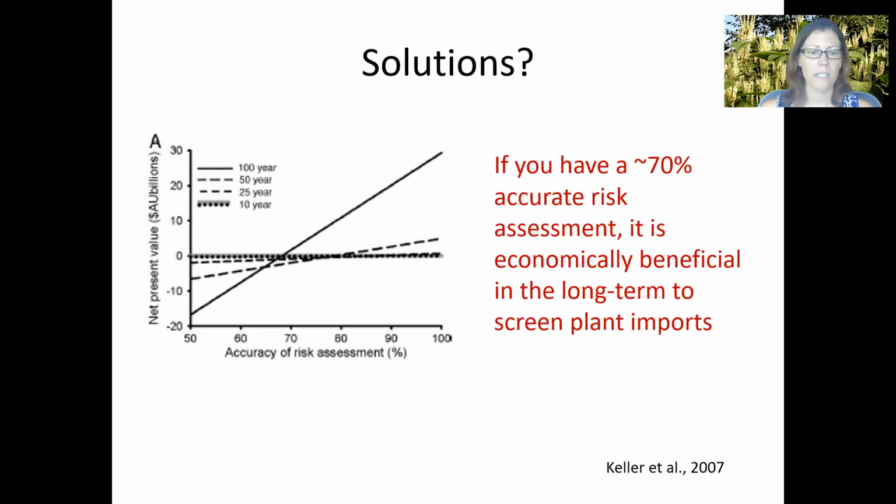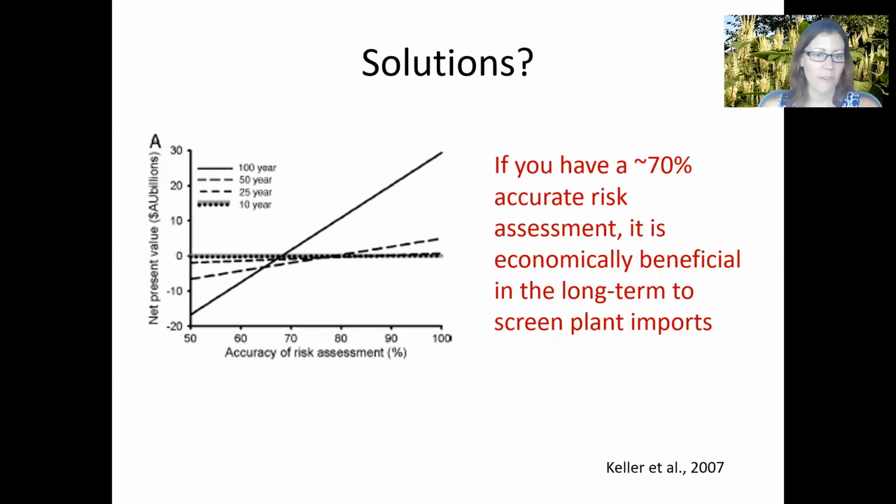So in 100 years, what this says is if you can get a risk assessment that is at least 70% accurate, then in a 100-year time frame, you are going to be saving billions of dollars, Australian dollars. So I don't know, that's less than billions of US dollars, who knows.